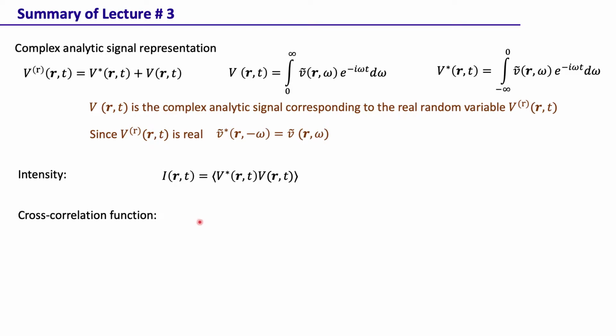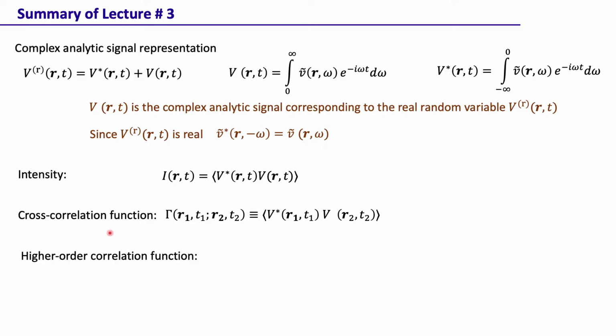The cross correlation function represents the correlation between fields at point r1 t1 and at point r2 t2. This cross correlation function quantifies the correlation between the fields at these two space-time points, and again we take the ensemble average of this quantity V star V, and that gives us the cross correlation function. We'll see this one in more detail today.